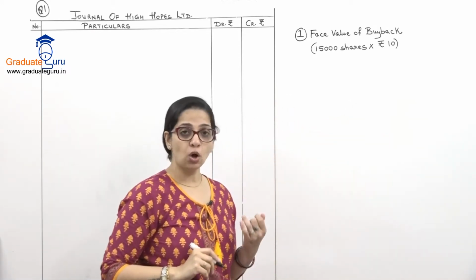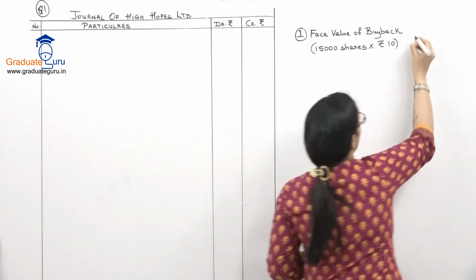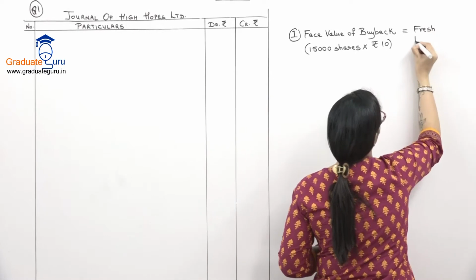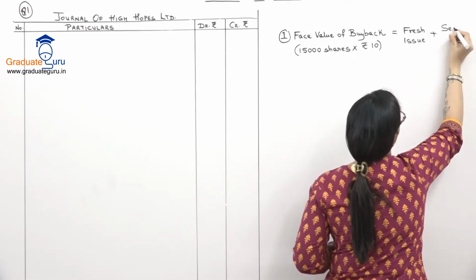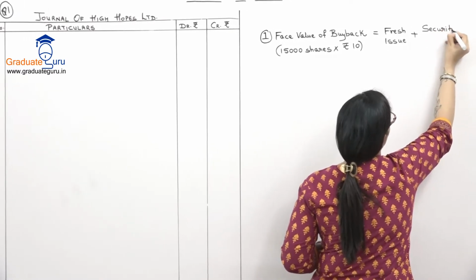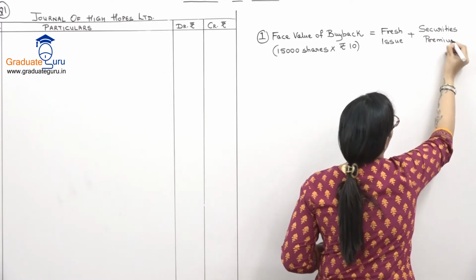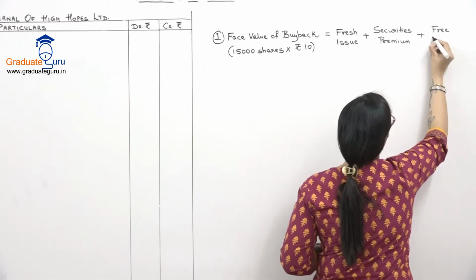Now last time we saw what we can use in the face value equation. First is fresh issue, then securities premium, and finally free reserves.